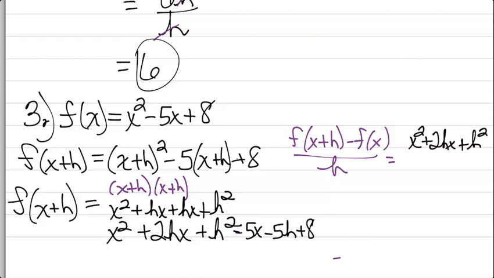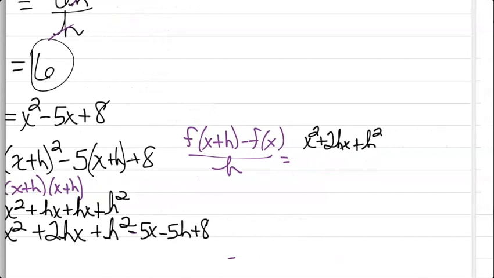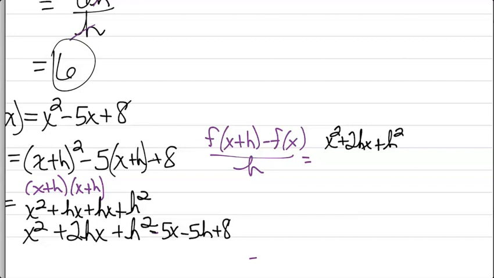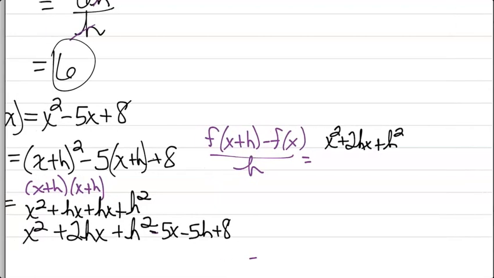and then copy down that plus 8. From there, I can combine any like terms if I have any, and I don't. So when I come over to do that difference quotient, I have the x squared plus 2hx plus h squared. I don't have enough room here, so I'm going to scoot it up a little.